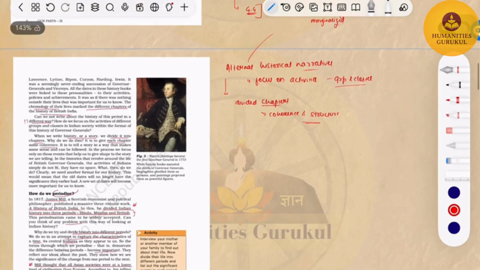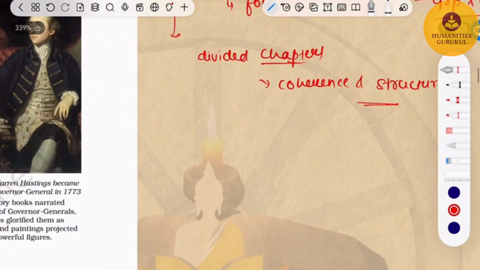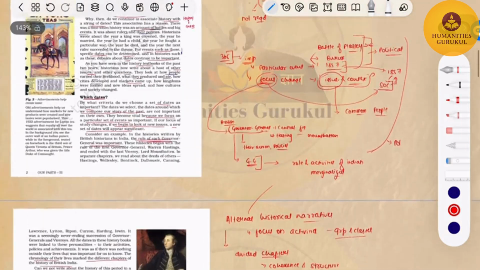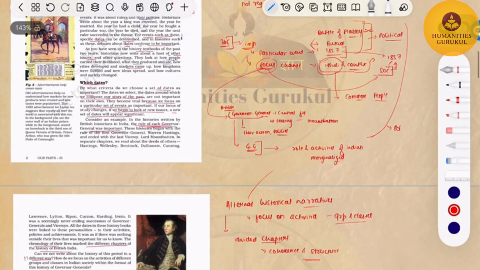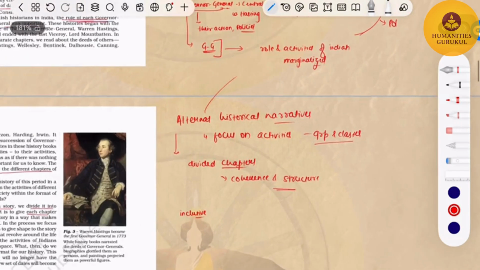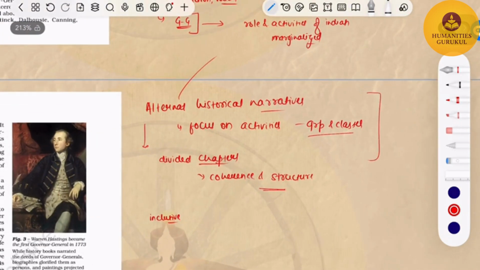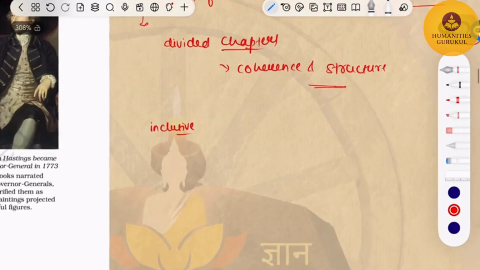So this brings us to one topic: how to create a more inclusive history. See what we are doing. In history we have some set of interpretation, initially politically infused, and eventually we shift our focus to some other aspect other than political history. Now how to make it more inclusive?